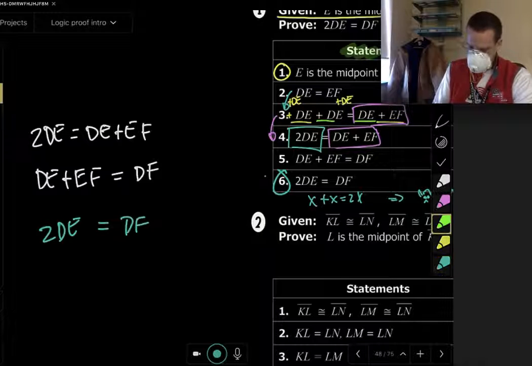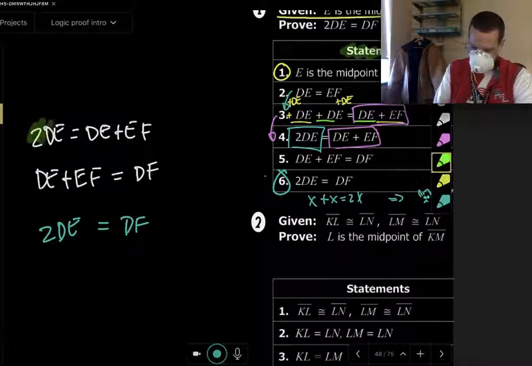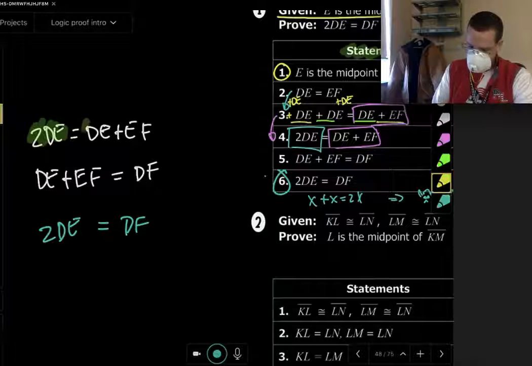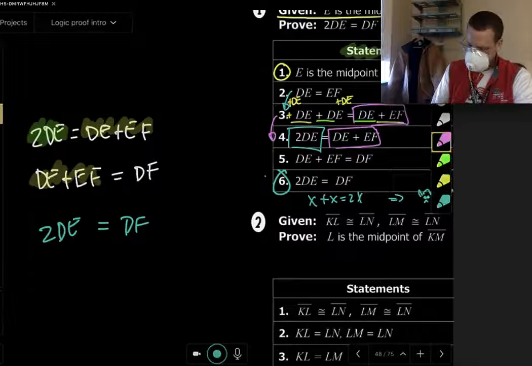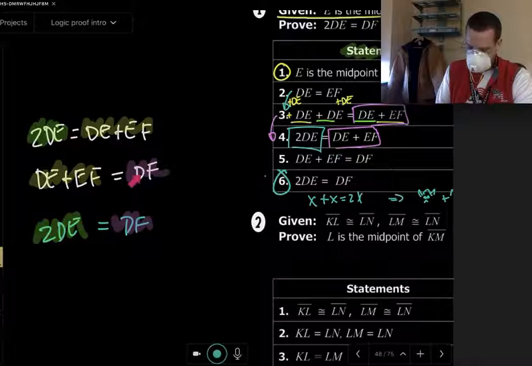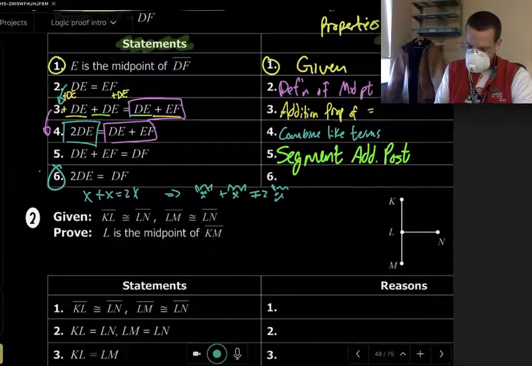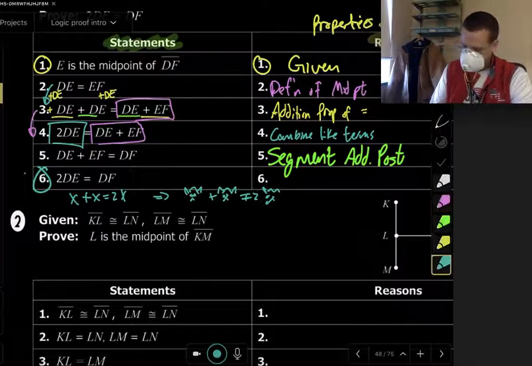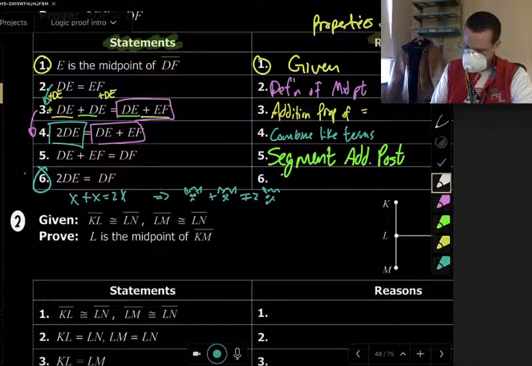Now watch. A is equal to B, B is equal to C, so A is equal to C. This is the transitive property. If A is equal to B and B is equal to C, then A is equal to C. So how can we make that last conclusion? Well, this is literally the transitive property.